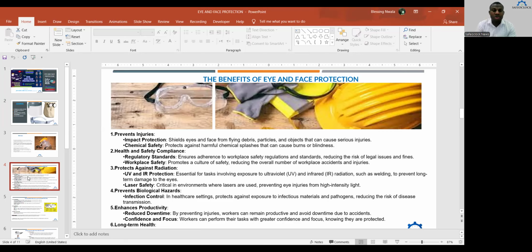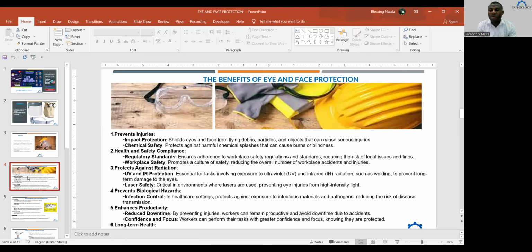It protects also from biological hazards. Like we stated before, it can help in infection control by ensuring that anybody exposed to biological hazards is protected from being infected, or from the agent getting into the body system through the eyes.